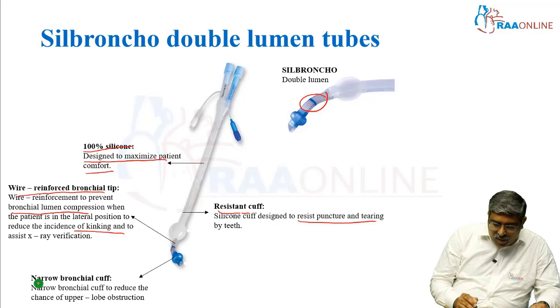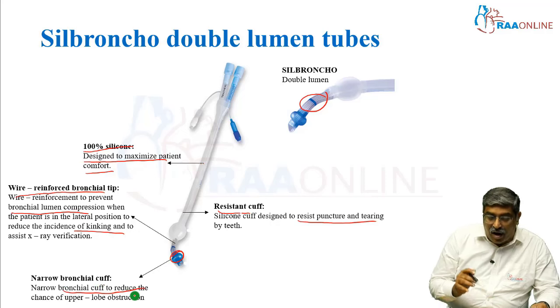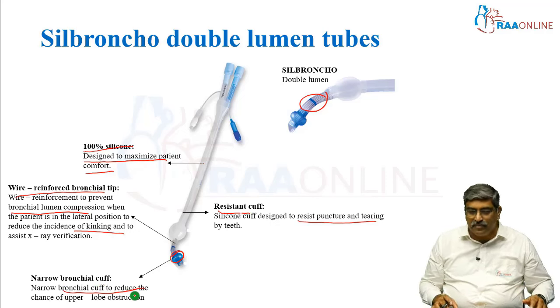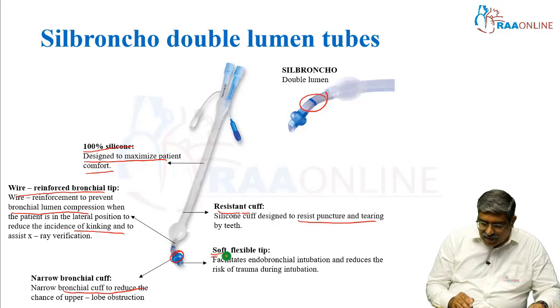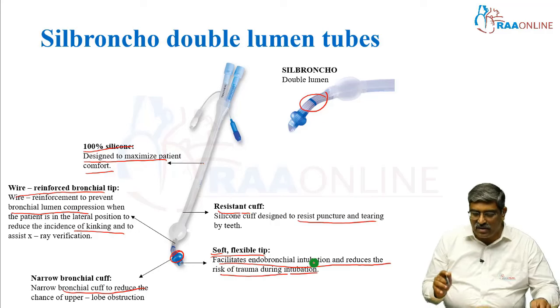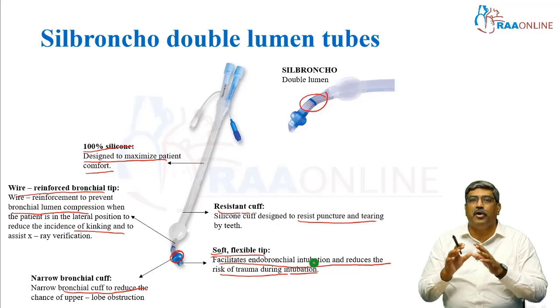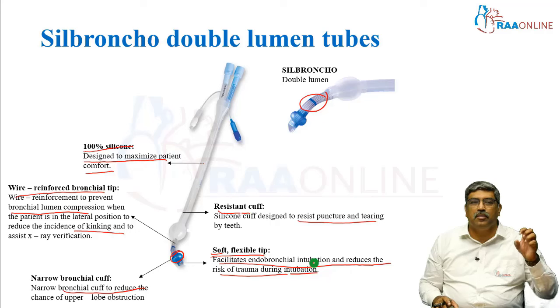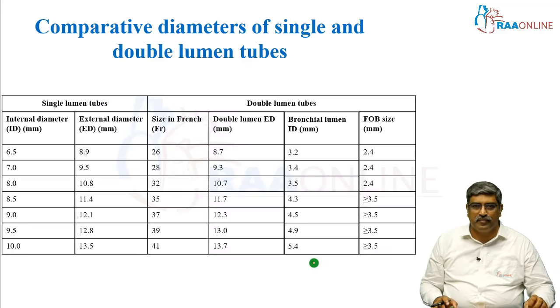The narrow bronchial cuff helps to reduce the chance of upper lobe obstruction, and a soft flexible tip facilitates endobronchial intubation and reduces the risk of trauma during intubation. This is the Silbroncho double-lumen tube.